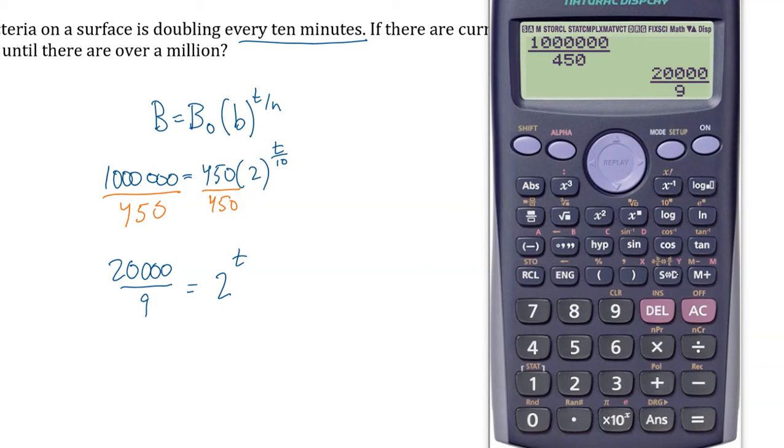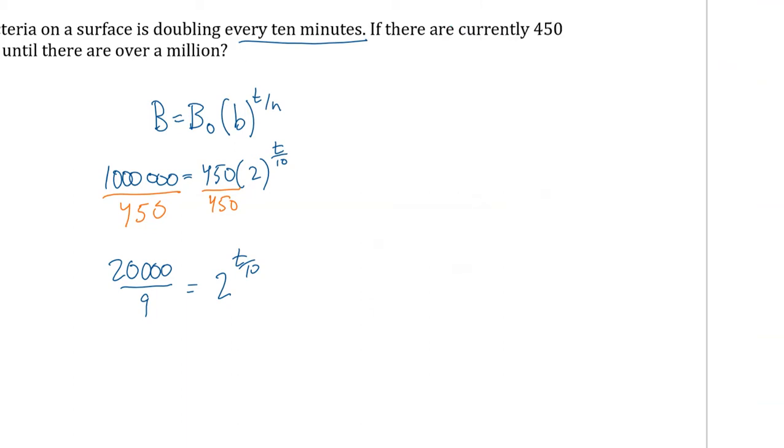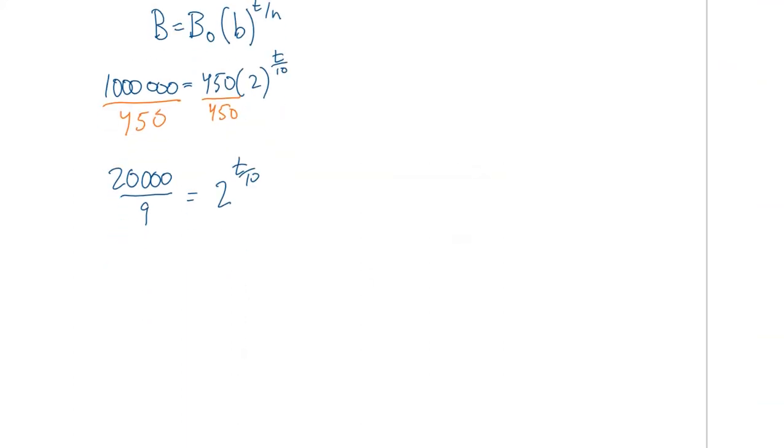And 2 to the t over 10. Okay, now you can either take the log of both sides like we talked about yesterday, or you can rearrange this into logarithmic form. Again, you could do this: 8 equals 2 to the 3, which means 3 equals log base 2 of 8. The base stays the same.